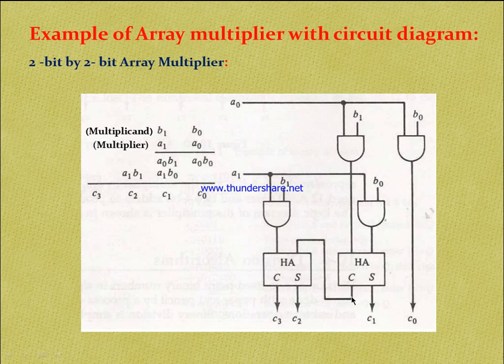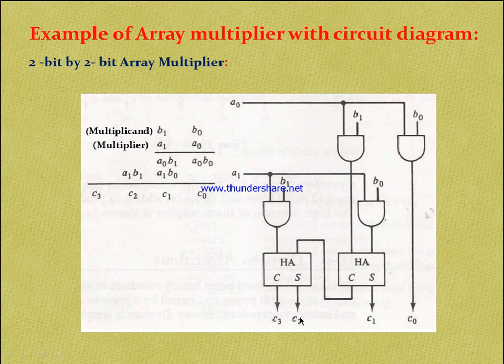And if carry is there, this should be propagated to the next bit. That's why here the carry is given and it is inputted to the next. So in the next bit, A1 should be multiplied with B1 with the help of this AND gate, and this is now inputted to this half adder, and the other input of the half adder is the carry of the last bit, and we'll get the sum and carry.